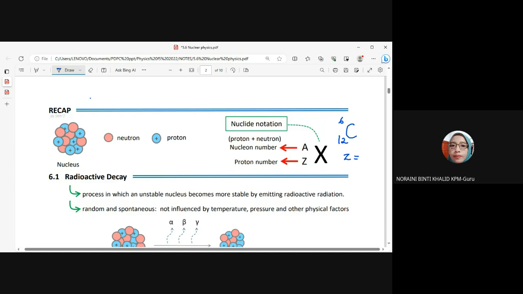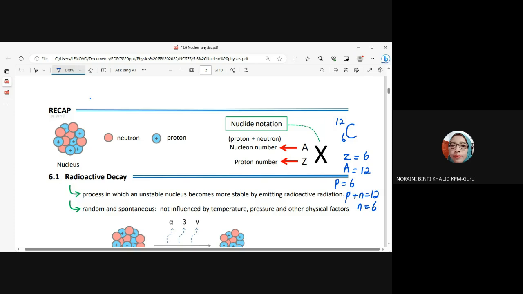Sorry, saya terbalik. Carbon 12, 6. Z ialah 6. A equals to 12. Means proton equals to 6. Proton plus neutron equals to 12. Thus, neutron equals to 6.